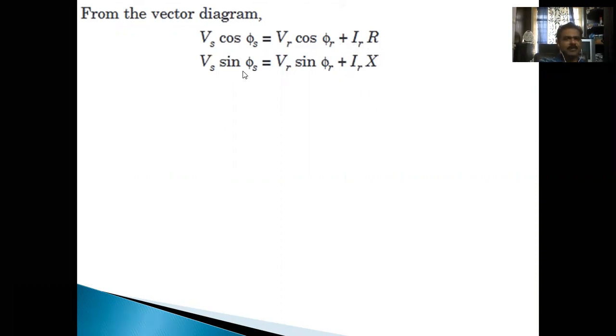Vs sin phi s is equal to Vr sin phi r plus IR into X. Note down these two equations. Once you have written them, just inform me. How will you get this?